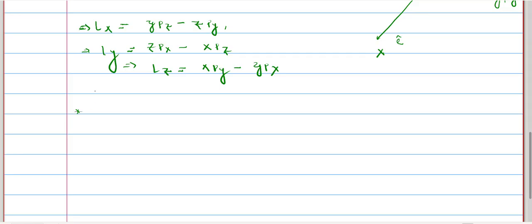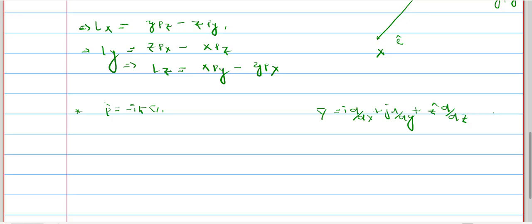What are the momentum and position operators? We can write the momentum operator P equals minus i h-cut del. What is del? We know del equals i cap d by dx plus j cap d by dy plus z cap d by dz.